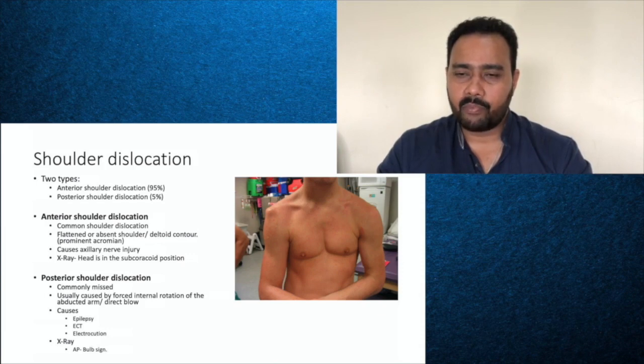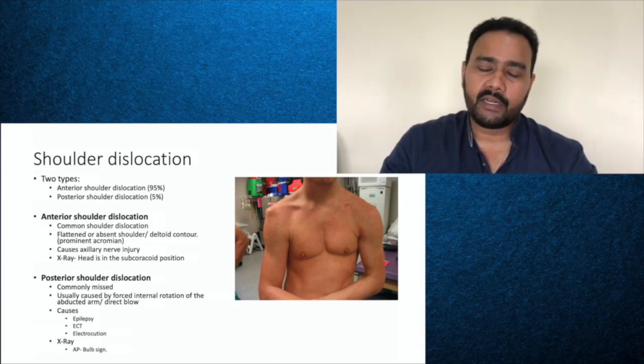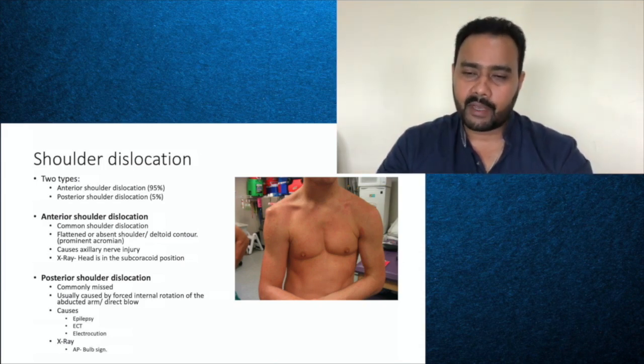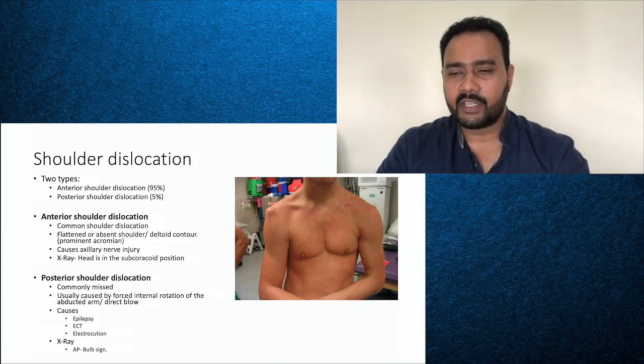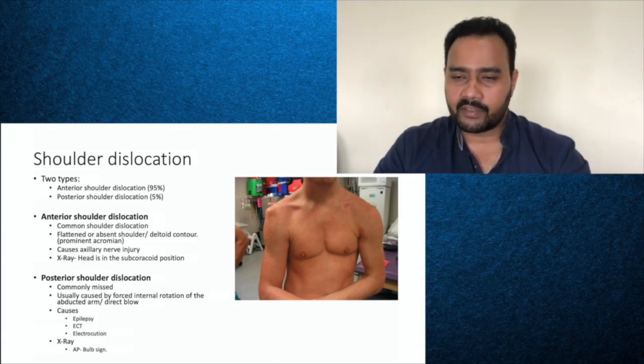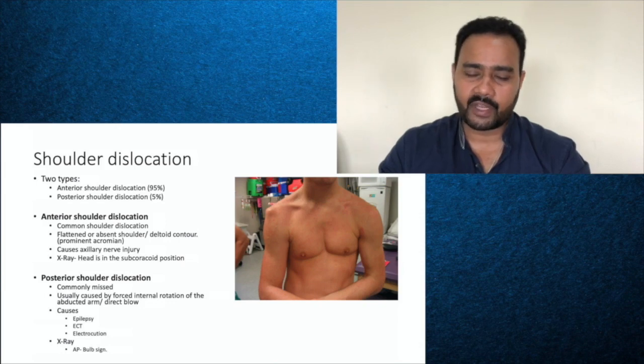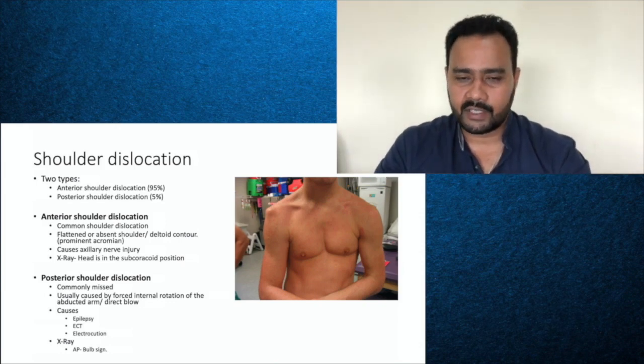This is what we call the badge area, the lower part of the deltoid region. People will develop sensory impairment or loss there. That is the feature of axillary nerve injury. So, anterior shoulder dislocations can cause axillary nerve injury. If you see this kind of patient, always check whether the sensation is preserved or lost in this badge area, which indicates axillary nerve injury.